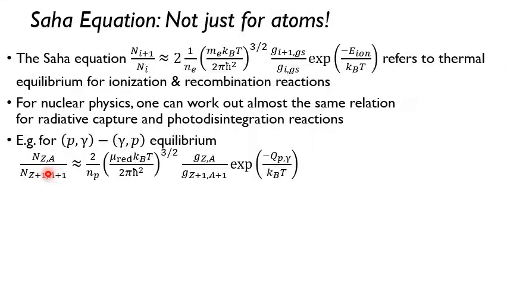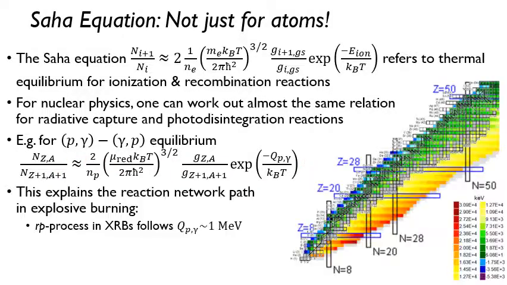But what you need to think about is in this scenario, you basically have an ion, it absorbs a photon, and that ejects an electron. Down here, you have a nucleus, it absorbs a photon, and it ejects a proton. And so that's why the one with the longer subscript is on the bottom in this case instead of the top. But essentially the same thing, which is pretty amazing.